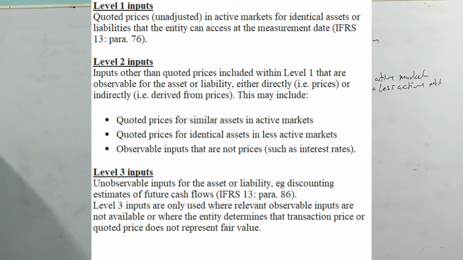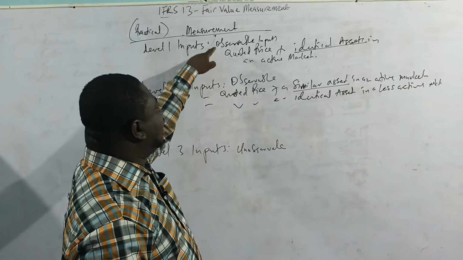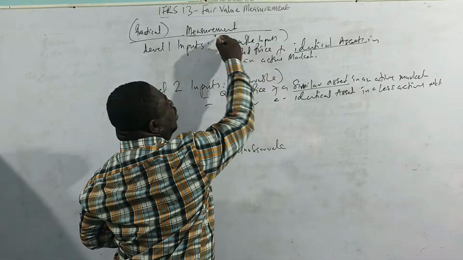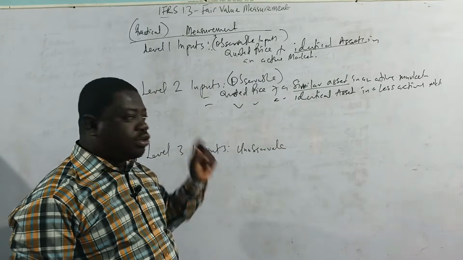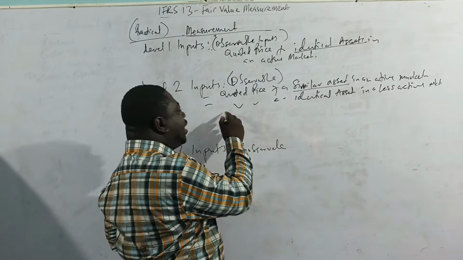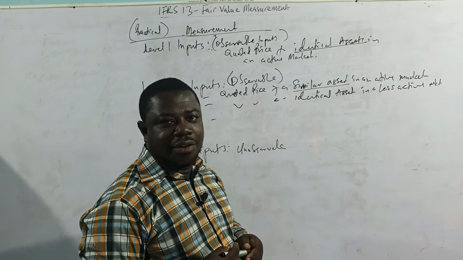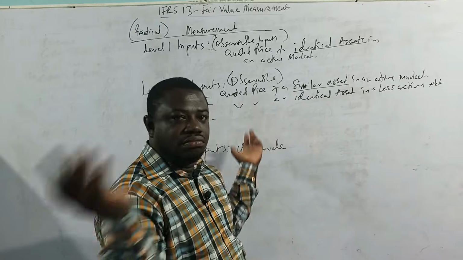This one is also observable: observable inputs that are not prices, such as interest rate. So here I told you that everything here is observable. Everything in level 2 is also observable. Level 1 is observable, level 2 is also observable. Here we are saying that observable inputs that are not prices, for example, interest rates, exchange rates.